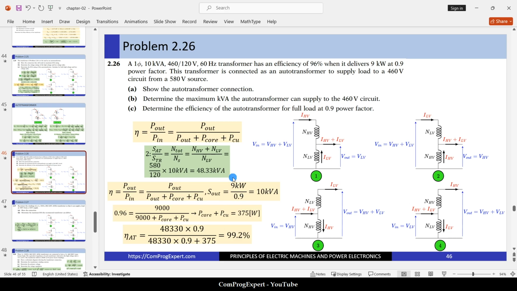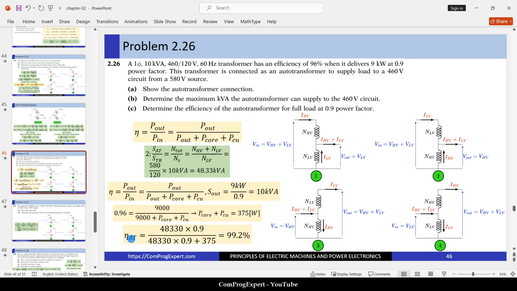And we have the efficiency for the rated condition. So here 0.96 is equal to 9 kilowatts divided by 9 kilowatts plus the core loss plus the copper loss. So the summation of core and copper loss is equal to 375 watts. We have this amount of loss for the core and the resistance of the primary and secondary coils.